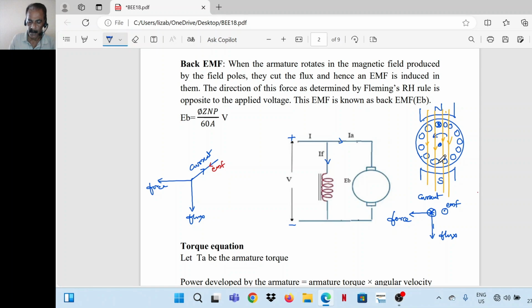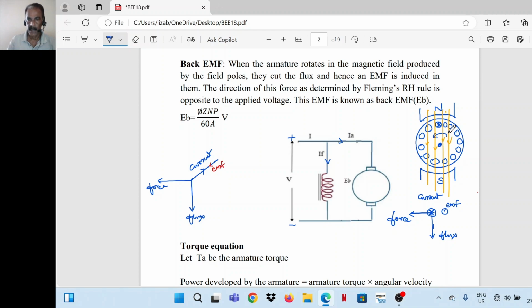And if we mark the force experienced by a conductor in the bottom half, we will get it in the opposite direction. That means the torque is like this. All the conductors experience force. So it starts rotating in the counterclockwise direction in this particular case.